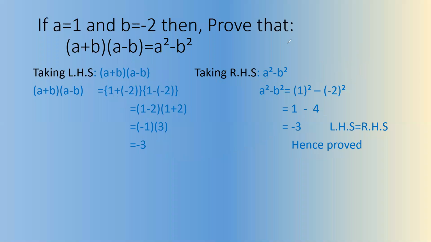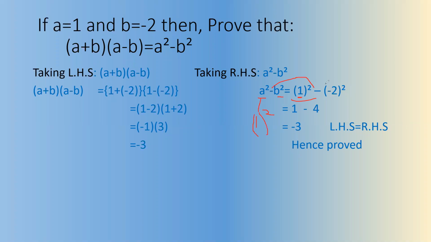Okay, Alishba Rizwan wants me to explain right hand side again. Alishba Rizwan, look at the question: a square minus b square. What is the value of a? 1. The value of a is 1, but the square is over there. So make the round bracket over there and put the square like this. Clear, Alishba? Now minus sign is copied from the question and b value is minus 2.